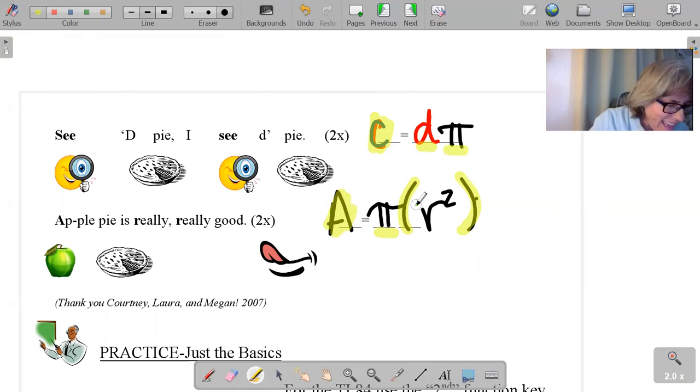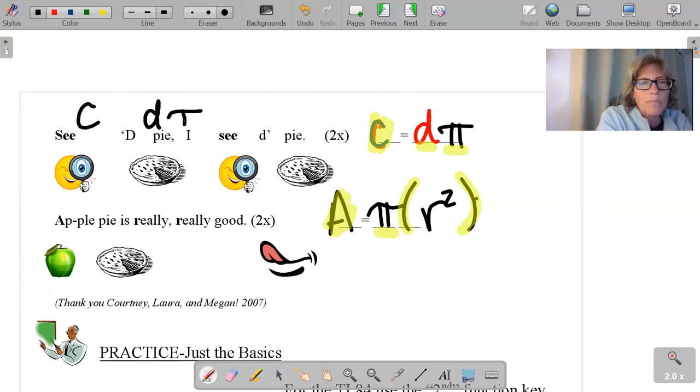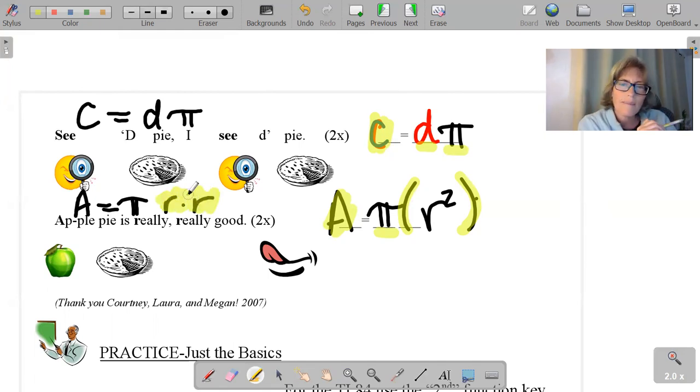Yeah, you're going to sing that until you drive your parents crazy today. At least I hope so. So, C d pi, I c d pi. That's circumference. Apple pie is really, really good. Really, really, r squared.